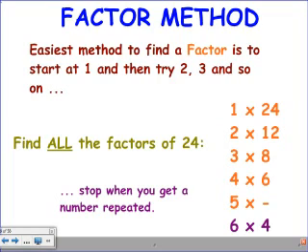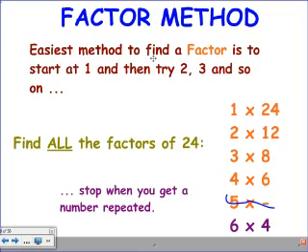Then try 2. 2 goes into 24, must do, it's even. 2 times 12. Does 3 go into 24? Yes. Times 8. Does 4 go into 24? Yes. Times 6. Does 5 go into 24? No. And I can stop because I know that if 6 goes into 24, I'm just repeating what I've written there. So you don't have to do very many of those steps to work out all the factors for a number.